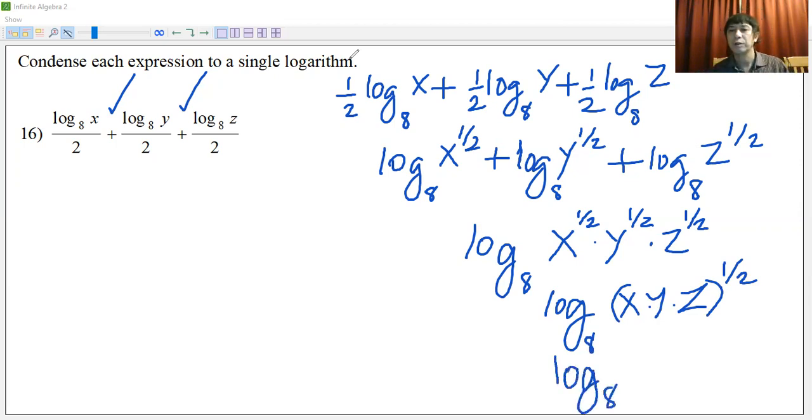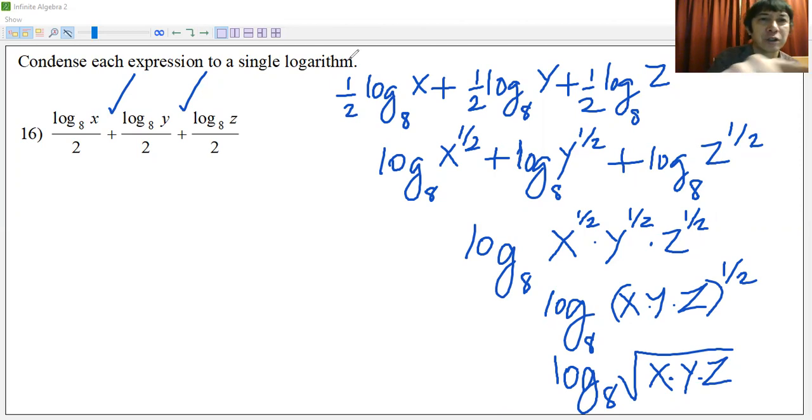So this is logarithm base 8 of the square root of x, y, z. In any order: x times y times z, z times x times y, it doesn't matter. The commutative property of multiplication works there. So x times y times z will be under the square root.